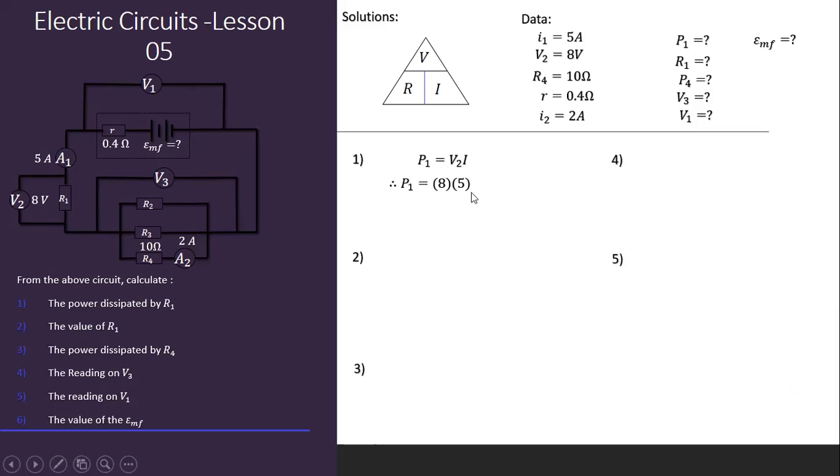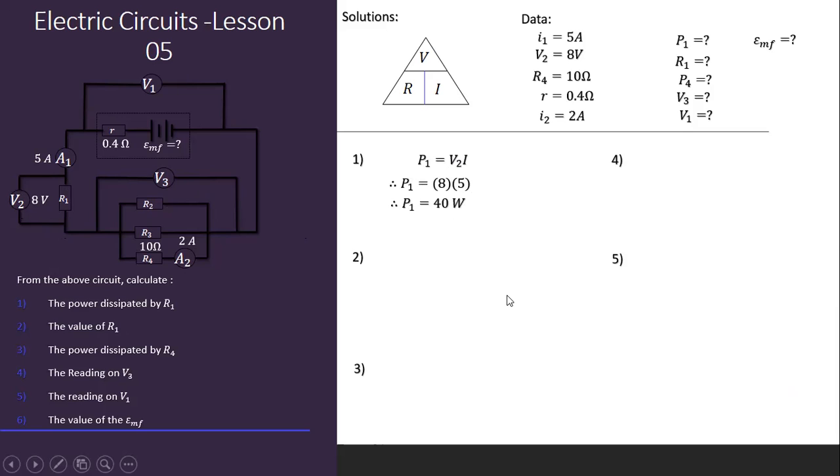When we plug that in our calculator, we get that the power dissipated by R1 is 40 watts. So we use this formula when we have current and voltage, okay?